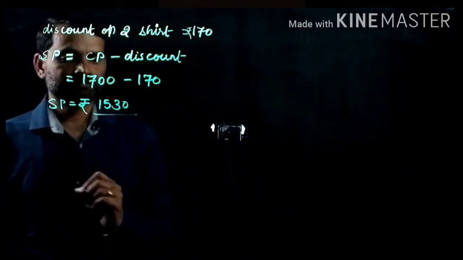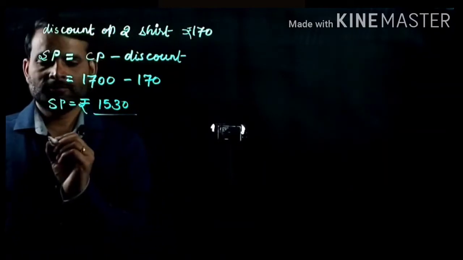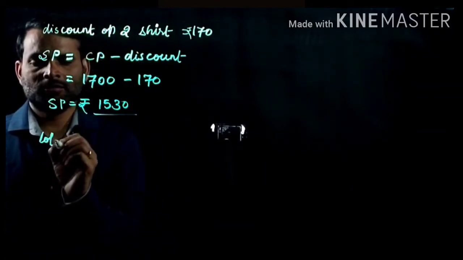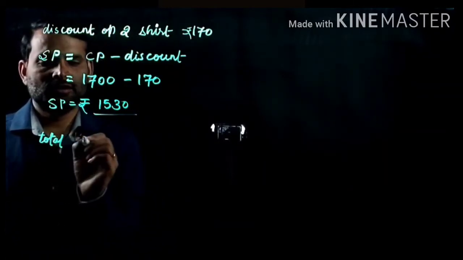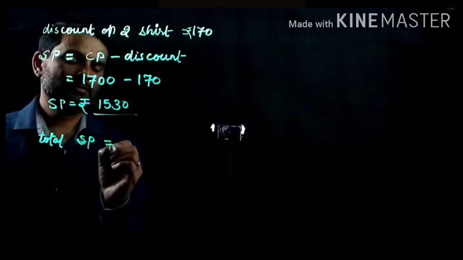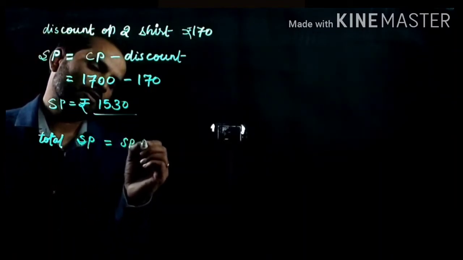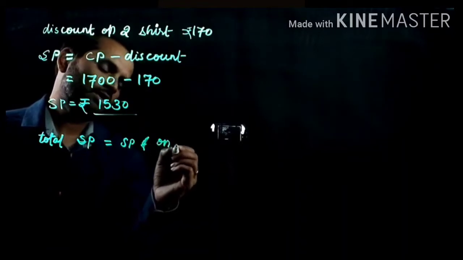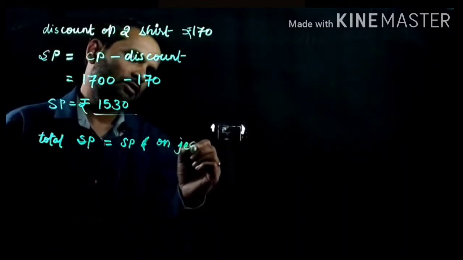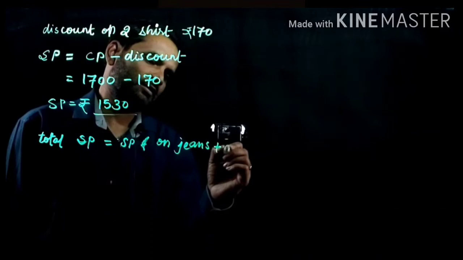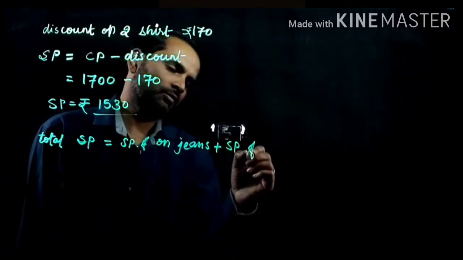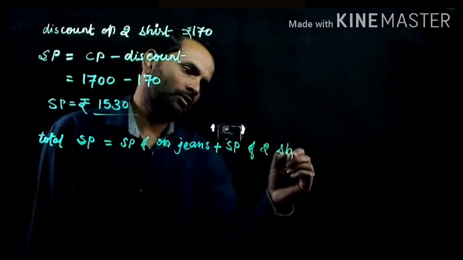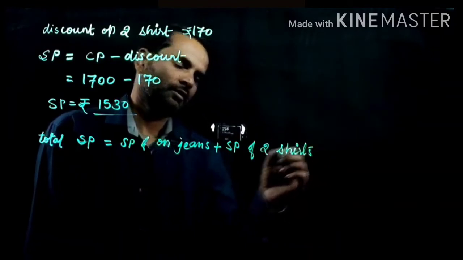So you find the total SP. Total SP means the SP of 1 jeans plus the SP of 2 shirts.